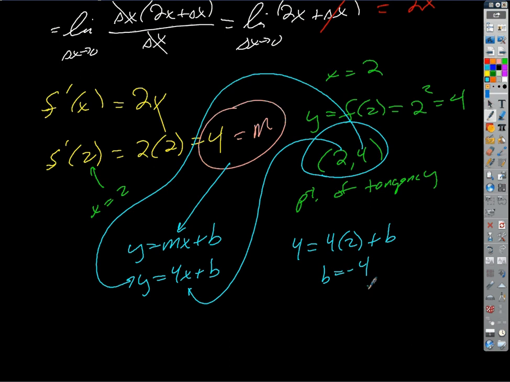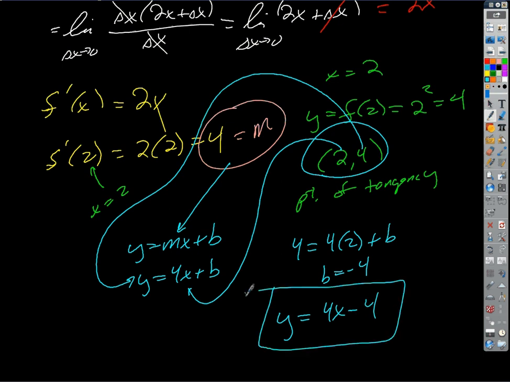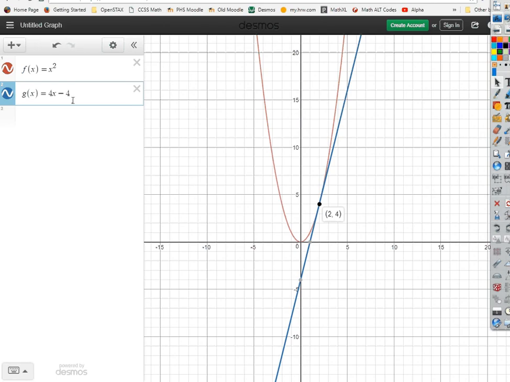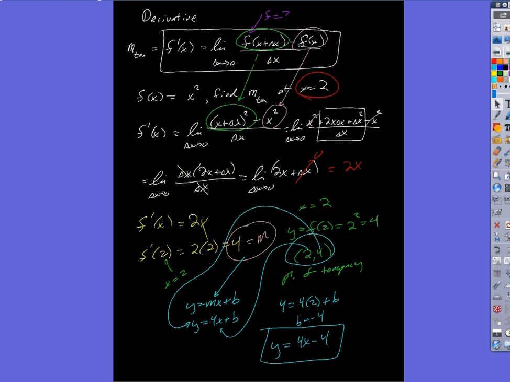And so we end up with the line y equals 4x minus 4. Let's go back to our picture. It's not coincidental that that's exactly what I graphed. Make sense?